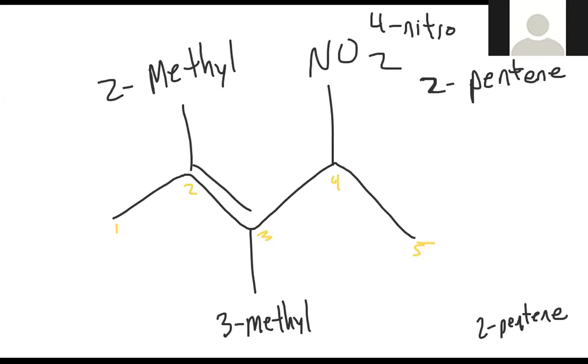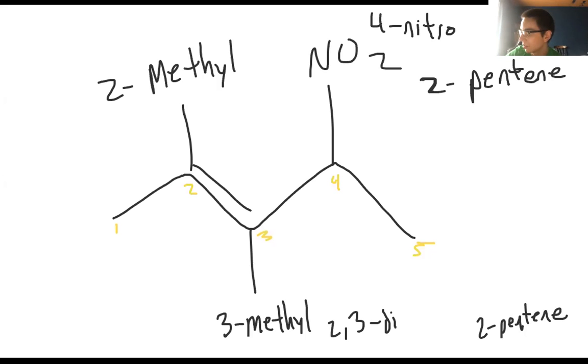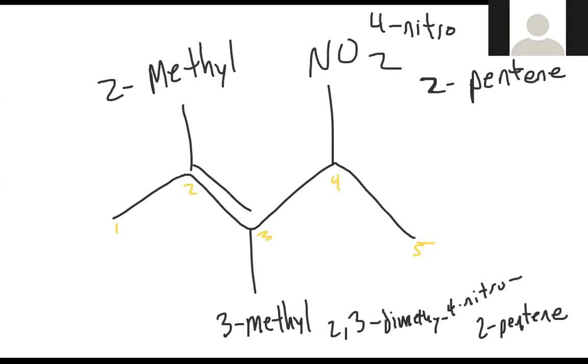Methyl, because of alphabetical order. L, M, N, O, P. So methyl is going to go first. So we're going to write our numbers, 2, 3. Di. And what do we put after that? Dimethyl, because it's 2 of them. Dimethyl. And then we'll add our 4 nitro, 2-pentene.